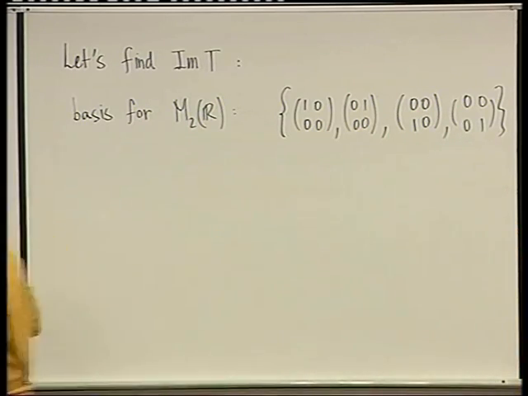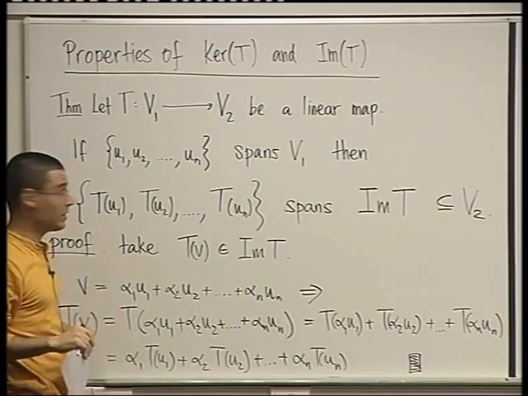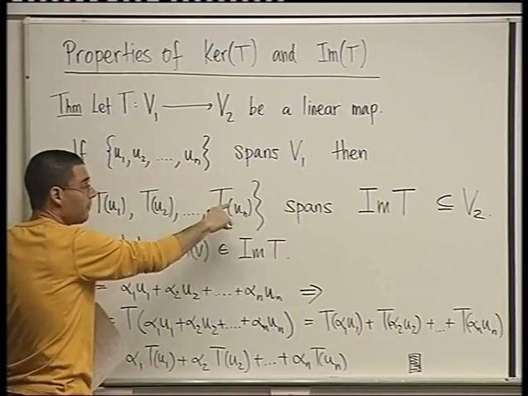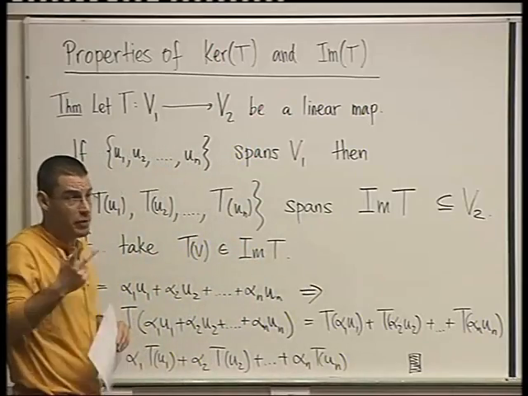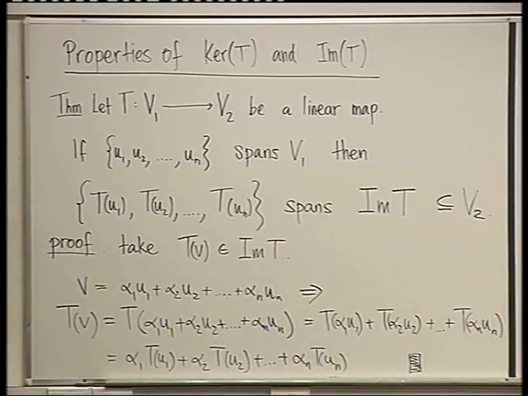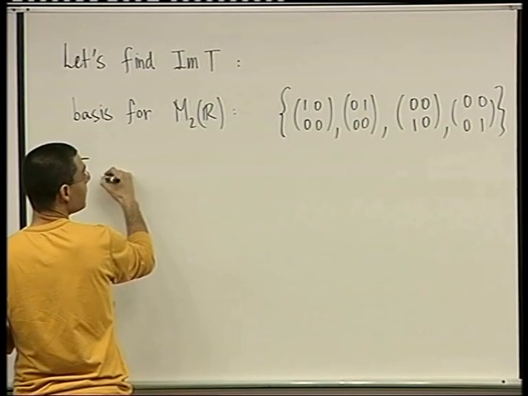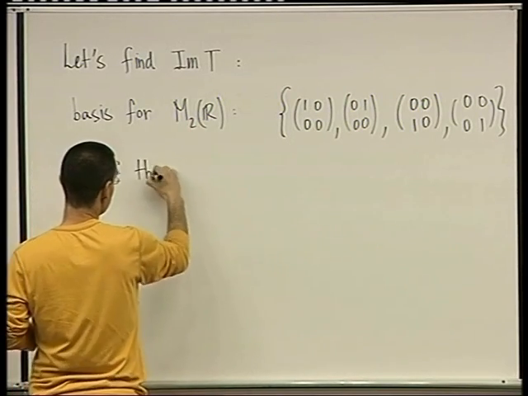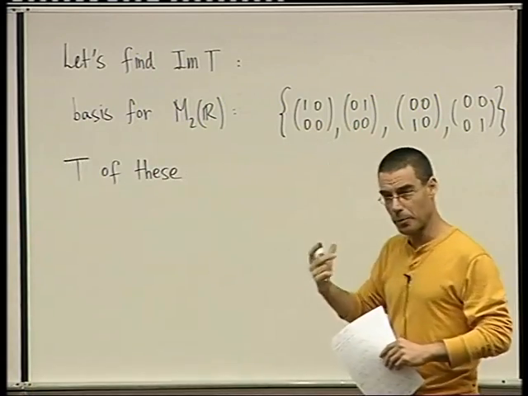Let's glance at it for a minute. If you take a spanning set for V1, and a basis is, of course, a spanning set, do T to them, you get something that spans the image. And that's how we're going to decipher what the image is. So, let's find out what T of these guys is. This is not formal language.